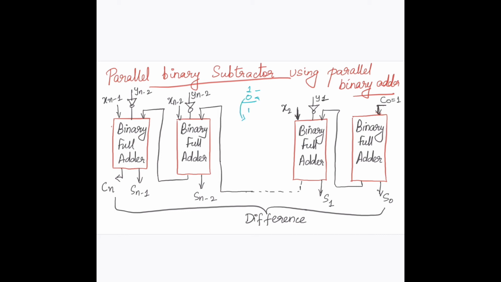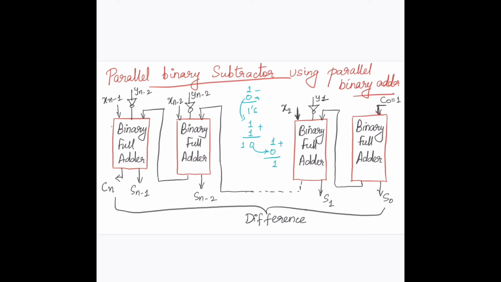So 0's 1's complement is 1, and plus 1 gives the 2's complement. This is equivalent to 0 1. Ignore this 0, so we have the number 1 plus this 0. So the result will be 1. So subtracting 1 minus 0 is equivalent to 1.